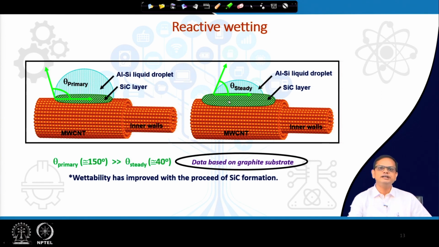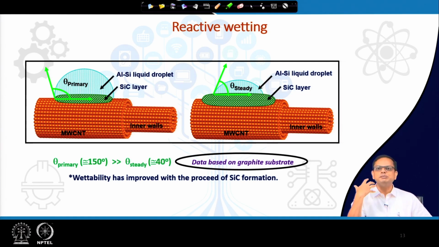Okay. The moment it sees the silicon carbide surface, the wettability improves or the wetting angle comes down, as you can see here. So, a steady state is achieved where aluminum silicon droplet or the liquid aluminum silicon will be flowing over or spreading over the silicon carbide only.